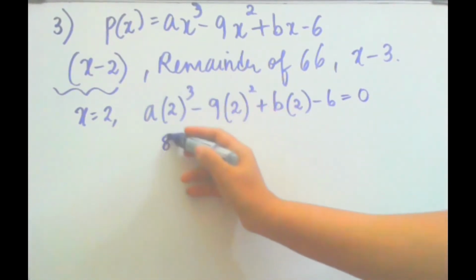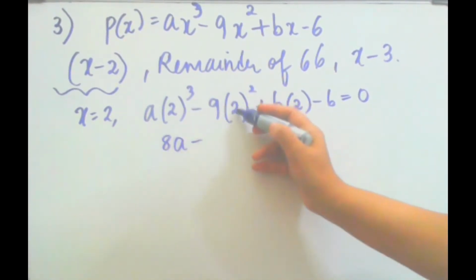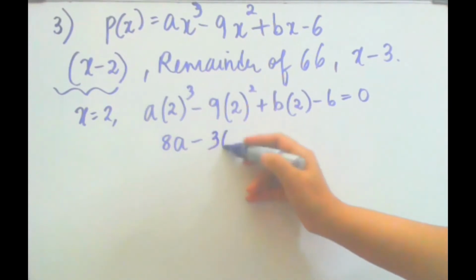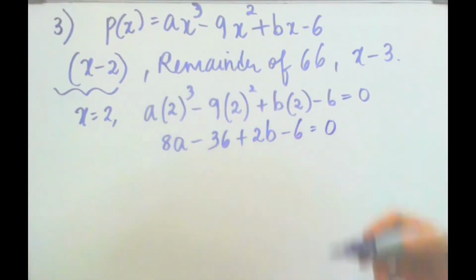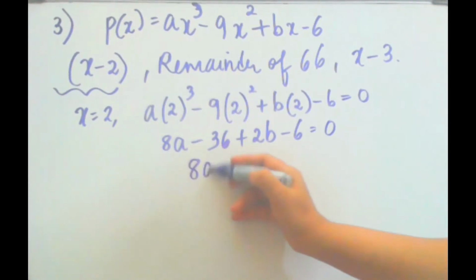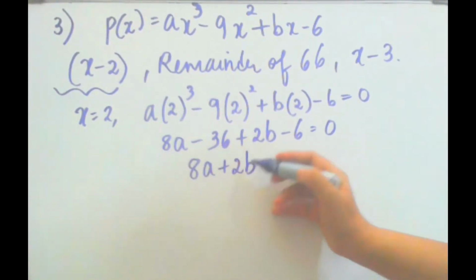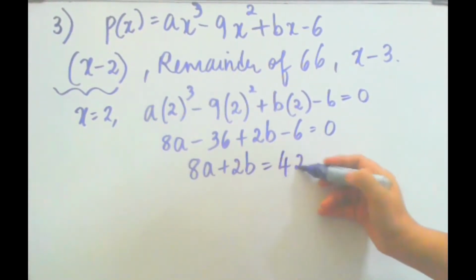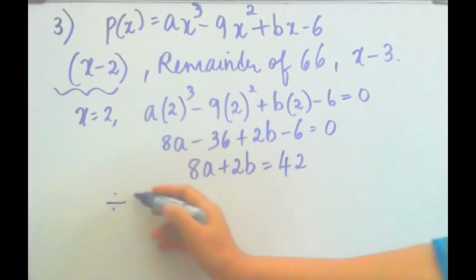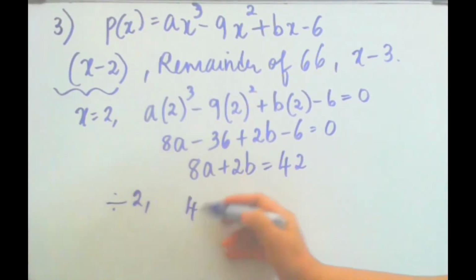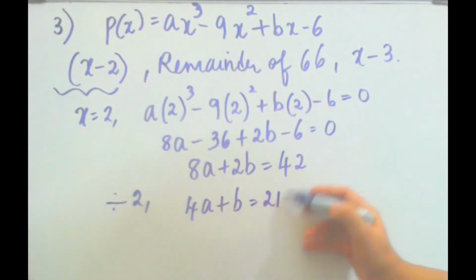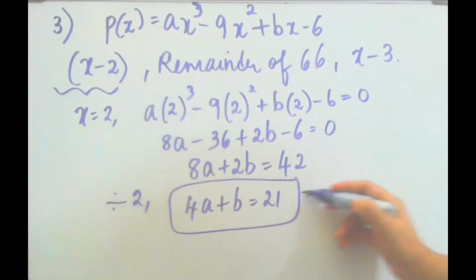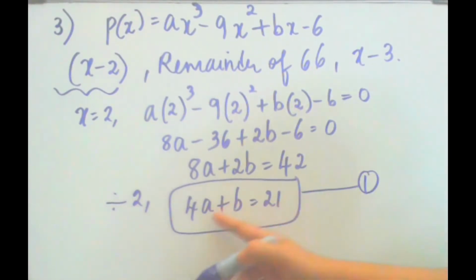So this gives us 8a minus 4 multiplied by 9, 36, plus 2b minus 6 equal to 0. So we simplify it by dividing by 2. We get 4a plus b is equal to 21. So this is our first equation in solving a and b.